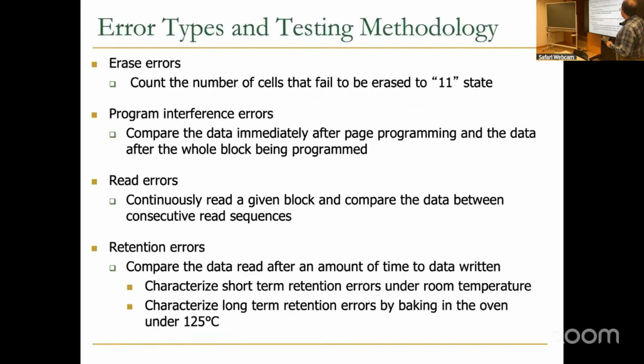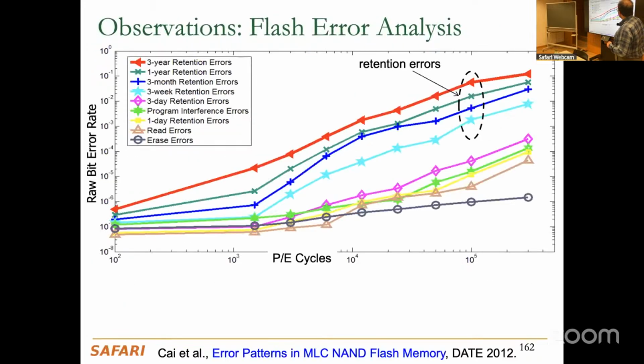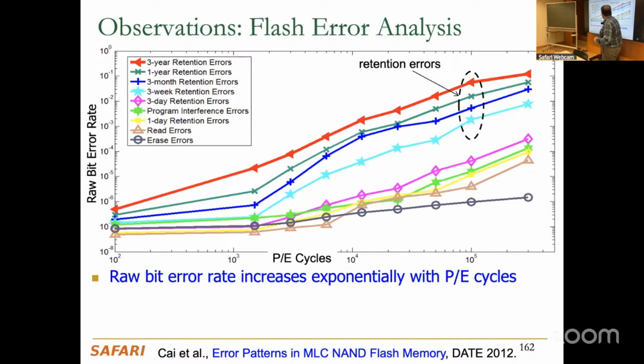Okay, so let me show some results. In this plot, you can see that the raw bit error rate increases exponentially with PE cycles. So when you have higher PE cycles, the raw bit error rate is much higher. I should also say that this is the raw bit error rate before ECC.